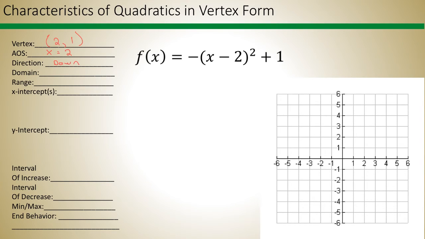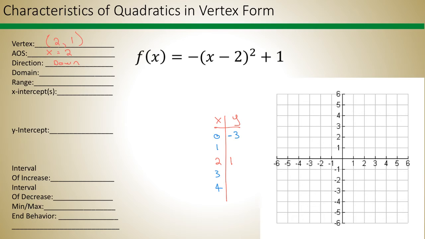Okay, so let's use that to help us create a graph of this thing. So we're going to draw a table just like we did last week. All right, 2, 1 is going to be in the middle of that table, and I'm going to pick numbers on each side of 2. So if I substitute 0 in, that is going to give me -3.